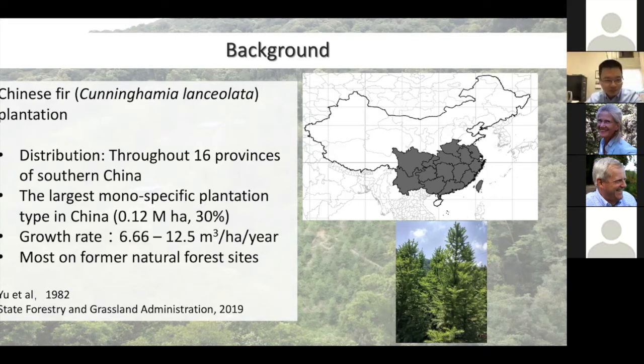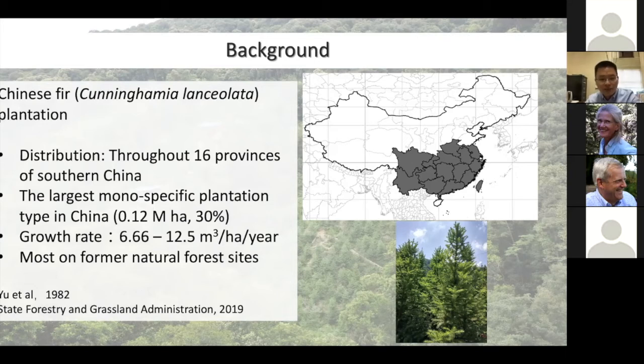It's widely distributed in southern China, and this tree species is the largest monospecific plantation type in China, and its area is 1.12 million hectares and accounts for 30% of the Chinese plantation area.